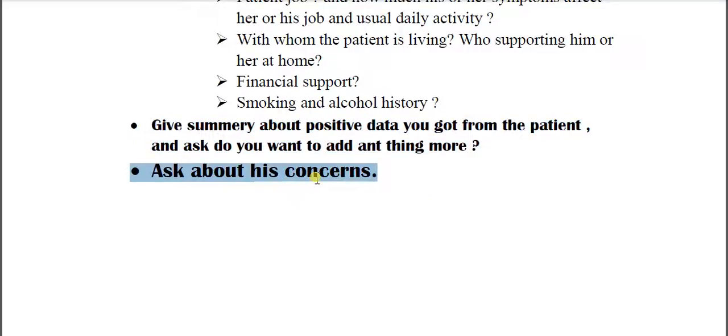I'm concerned, doctor, what could be the cause of my weight gain? I appreciate your concern, but we have to do a full examination for you first. Most probably, you have a disease called hypothyroidism. It is due to deficiency of one of the important hormones secreted from the gland in front of your neck called the thyroid gland.